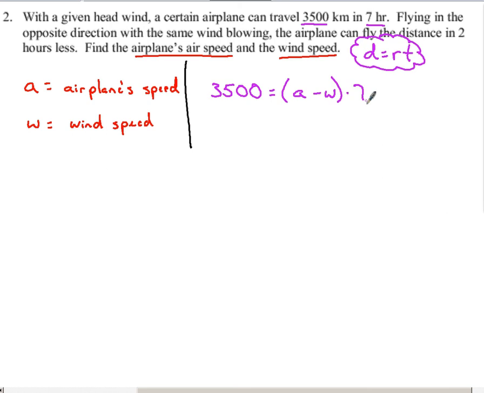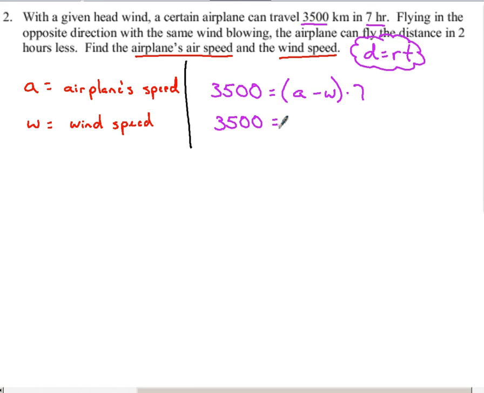Now if I multiply by 7, 7's that time, right? So if that makes any kind of sense, let's set up a second equation. Following this model of distance equals rate times time, does the distance change? No, it's still 3,500. So 3,500 is going to equal, what else do they give us here? It's talking about the airplane flying in 2 hours less, right?